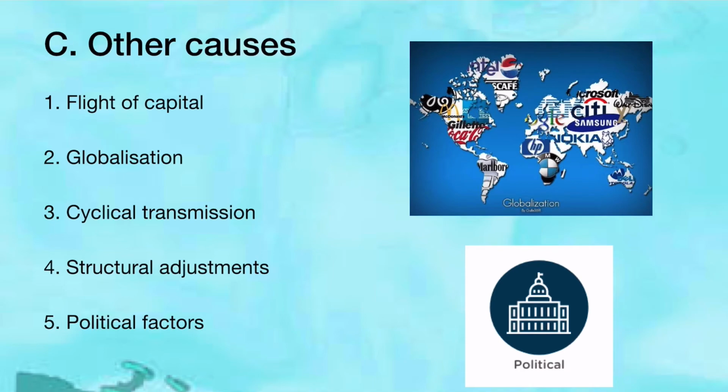Third is cyclical transmission. What do you mean by cyclical transmission? Now we have studied what a product life cycle is. There's an introduction stage, a growth stage, maturity, decline, saturation, etc. So in short, we can say there's recession, there's depression, or there's inflation, etc. These cycles not only come for a product, they can occur in terms of an entire economy as well, right?